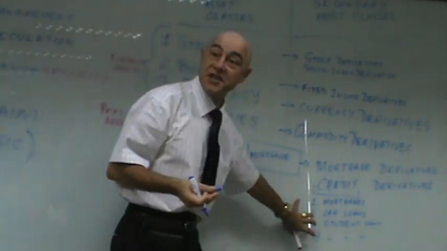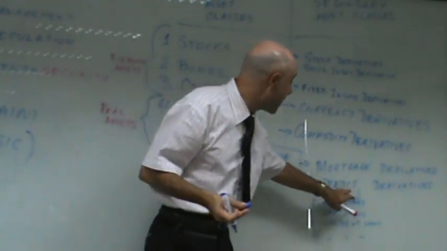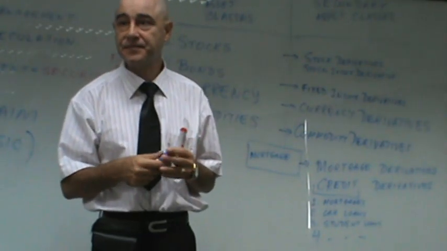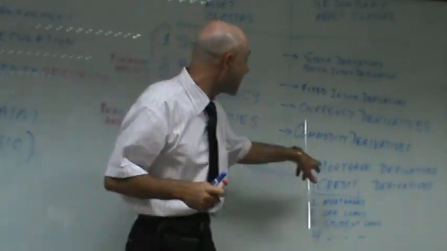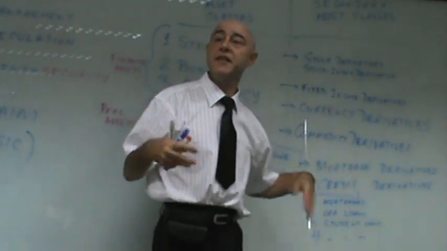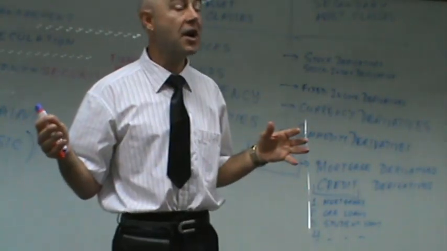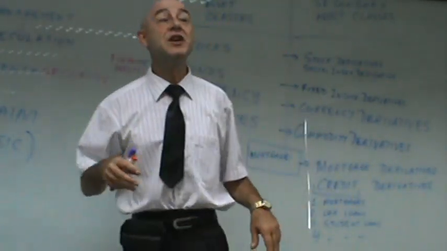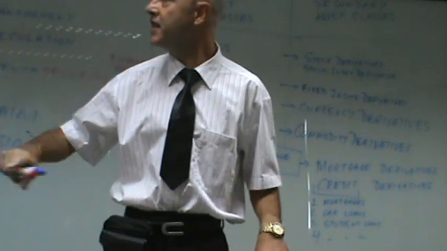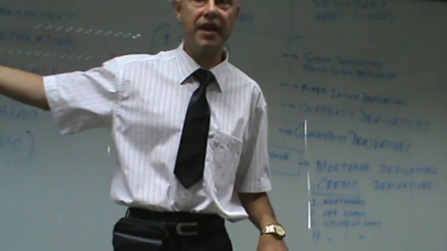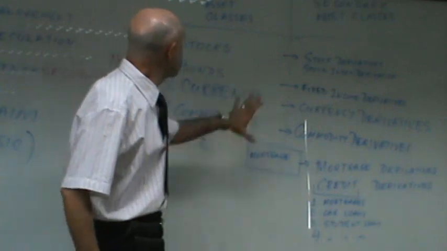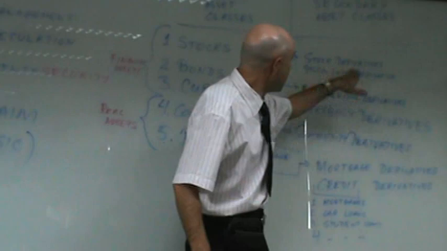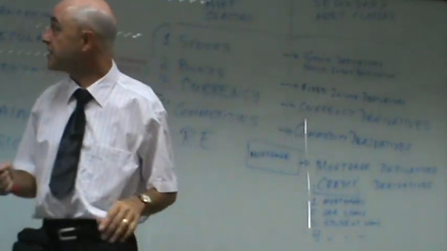As long as there's a loan behind it, it becomes a credit derivative. And it can further go into credit default swaps. I'm not going to get into that now, I'm just giving you a quick overview. We'll cover them late in the fixed income course. So, these are the primary asset classes, and these are the secondary asset classes.